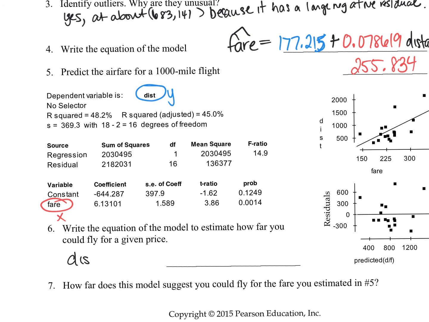Distance hat equals 177.23 plus 6.13101. Wait, where did you get 177 from? Oh, I just used the old. No, it's right here. There's a new one. Negative 644.287. It's not just the slope that changes. The slope and the y-intercept change, and the slope stays positive. 6.13101 fare.